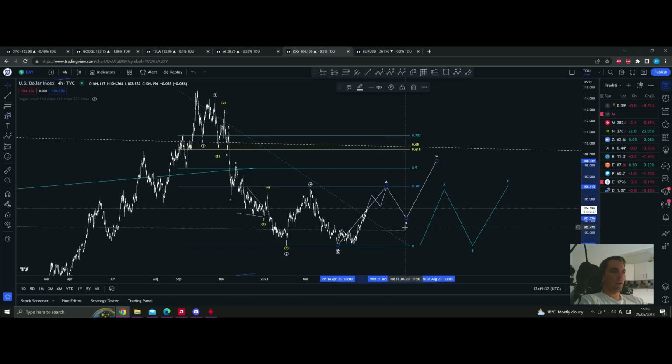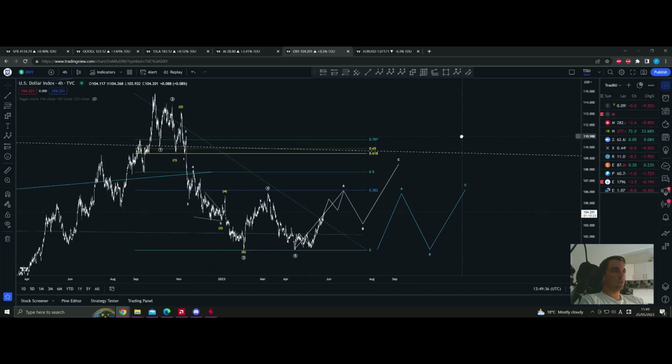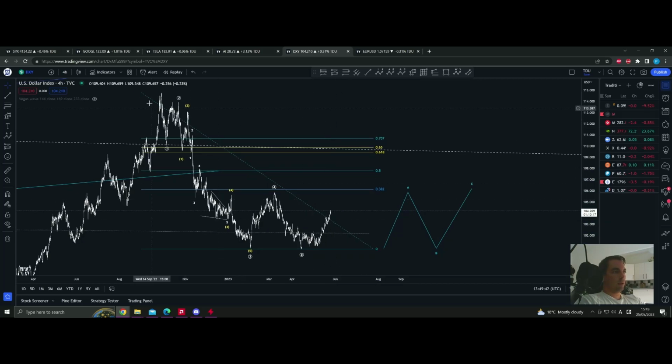So for example, A into your wave B and C, and then dollar continues down. On the other hand, if I made a mistake in counting, and if something completed here, let's say that this was the third, fourth, and the fifth wave, then we would have a flat correction.